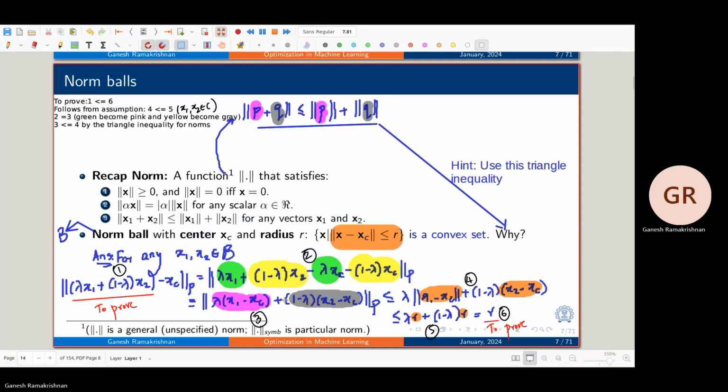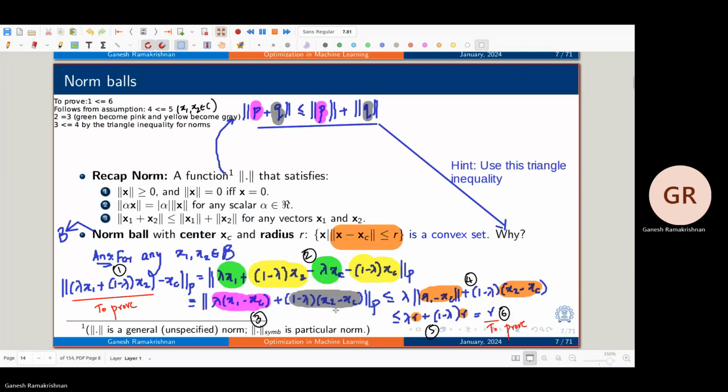Nothing at all. Second step. What have I done? The parts in green I've combined, lambda x1 and lambda xc, into lambda x1 minus xc. And then 1 minus lambda x2, 1 minus lambda xc is 1 minus lambda x2 minus xc. Any property of norm have I used here? No.